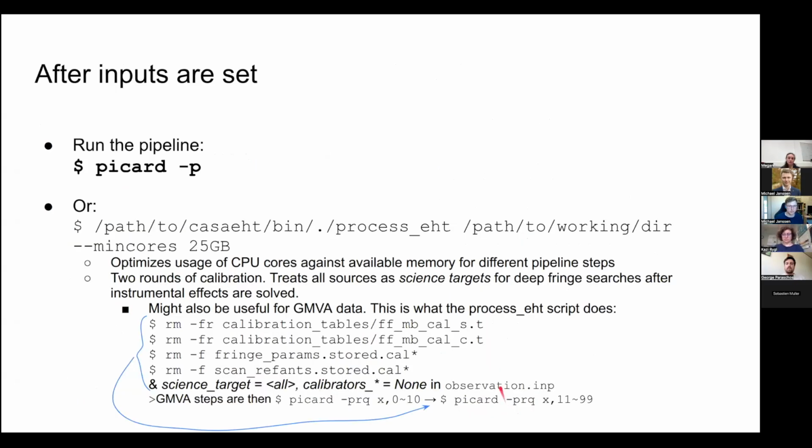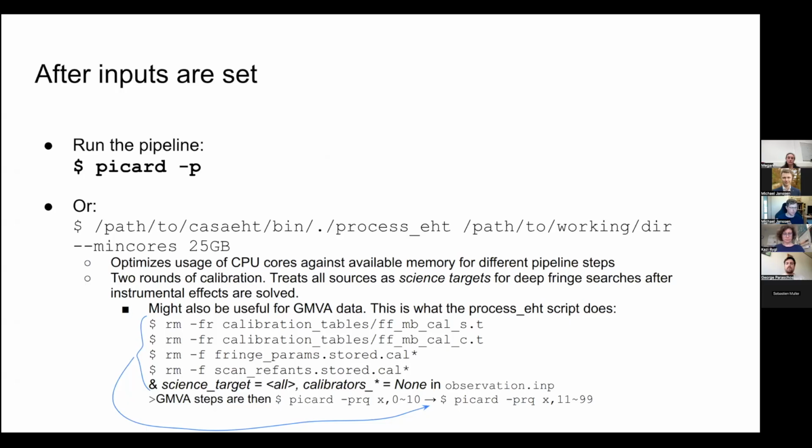Then after these inputs are set, you can again run the pipeline just like this, or you can use this special process EHT script from the Kazi EHT repository, which I had on an earlier slide. It does a few special tricks to help you with the processing of these very heavy EHT datasets.